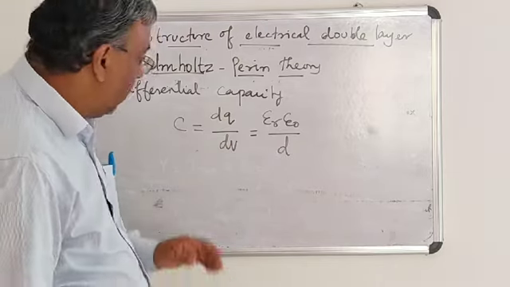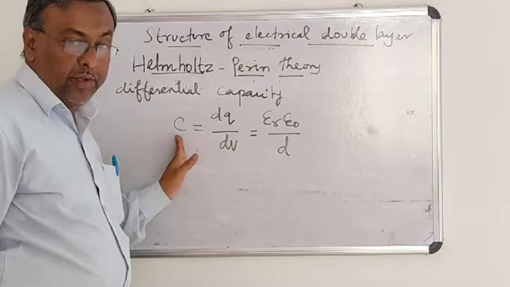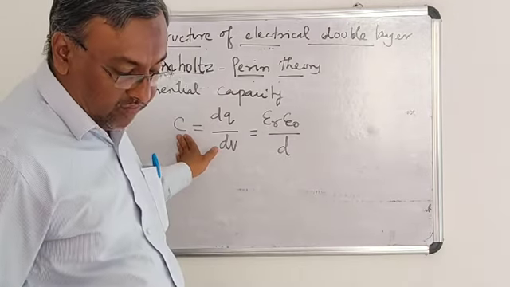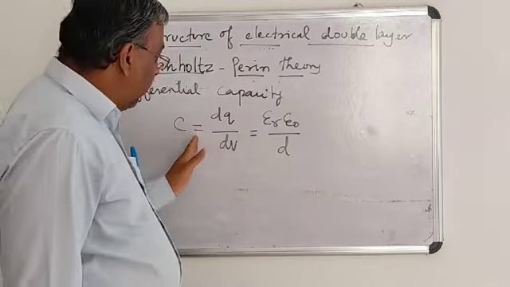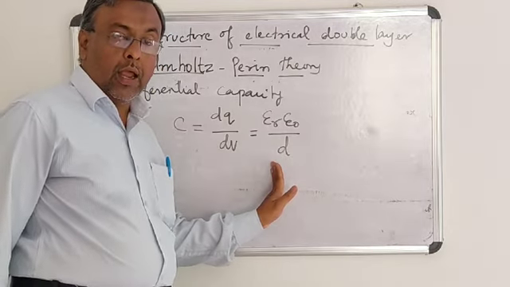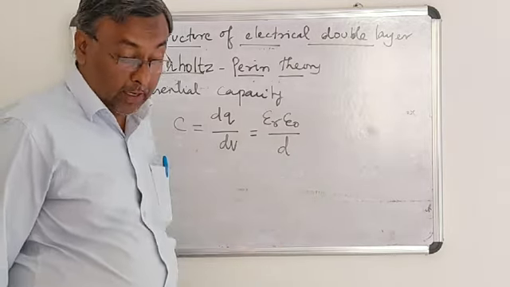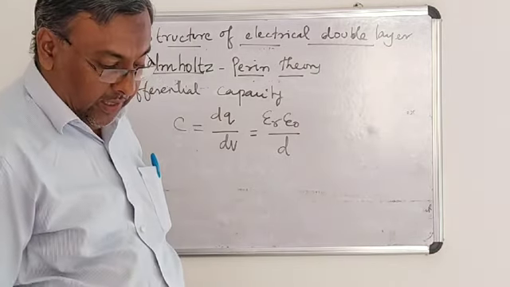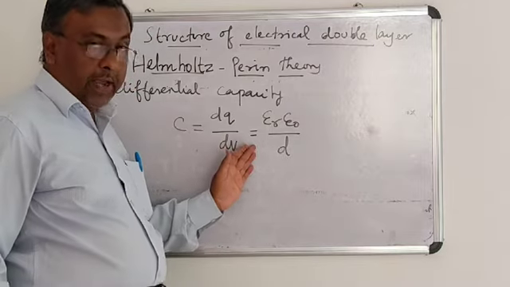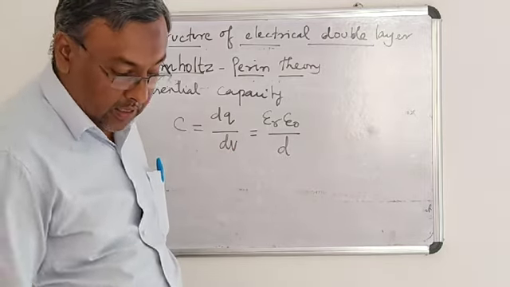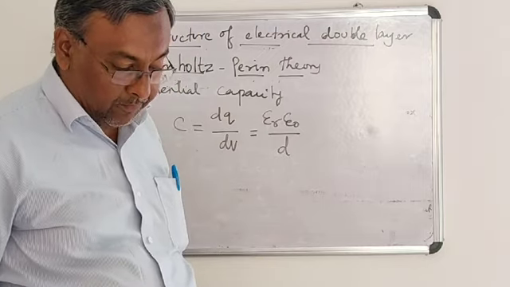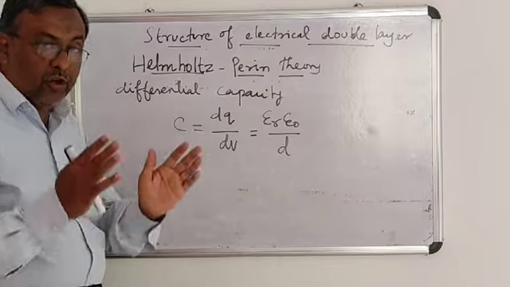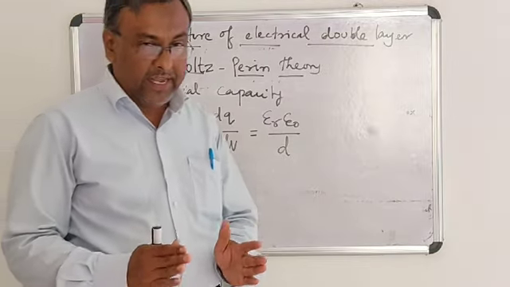So the Helmholtz-Perrin theory is quite satisfactory for the electrocapillary curve as a perfect parabola. Experimentally, however, electrocapillary curves are symmetric but not perfect parabolas. Here the charge is stored by a capacitor.